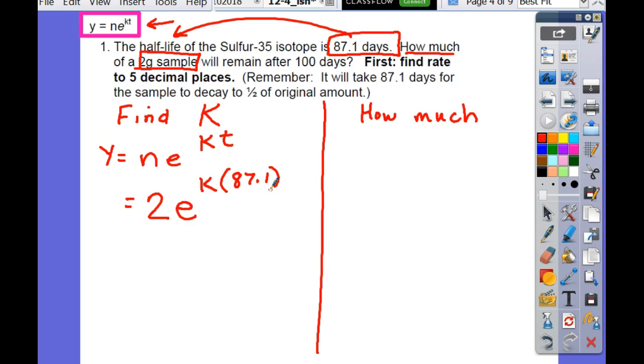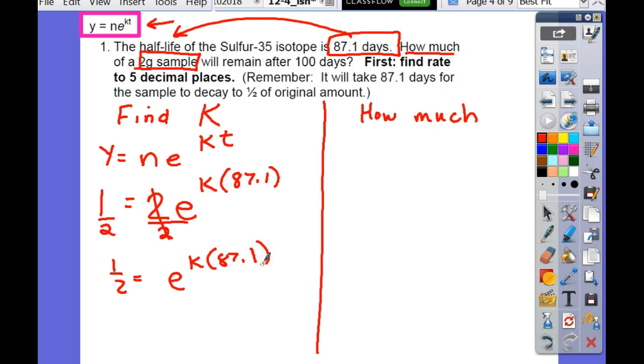If I start with 2 grams and half of it decays, how much do I have left? 1 gram. This is the equation that I'm going to solve for K. Question? Does somebody have a question? I'm going to divide by the 2, and so this is going to be 1/2 = e^(K·87.1).